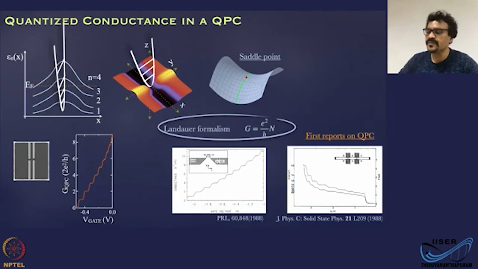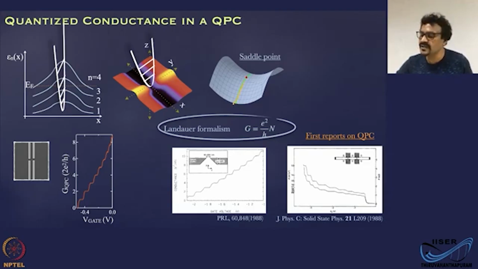Now let's look at the energy levels along the constriction. So what you have is a constriction, and not just a constriction, you also have a saddle point in the middle of the constriction.